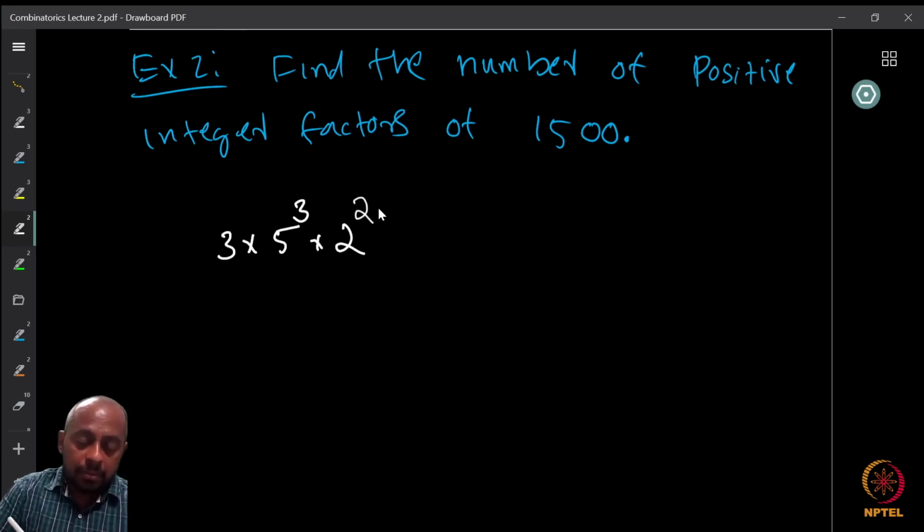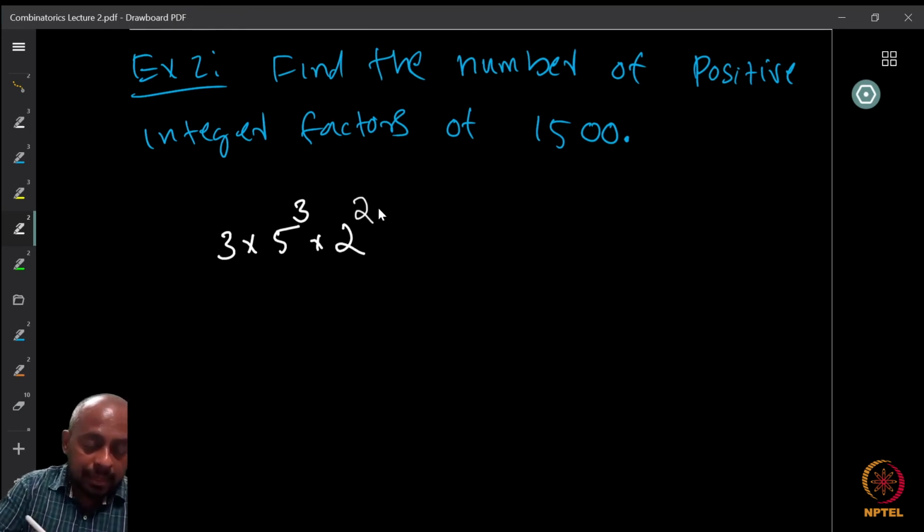Now, how can you use the prime factorization to find the number of positive integer factors? If you look at any factor, we know that the factor is basically a product of a possible subset of the prime factors, right? So therefore we can just look at how many such possibilities are there, right?